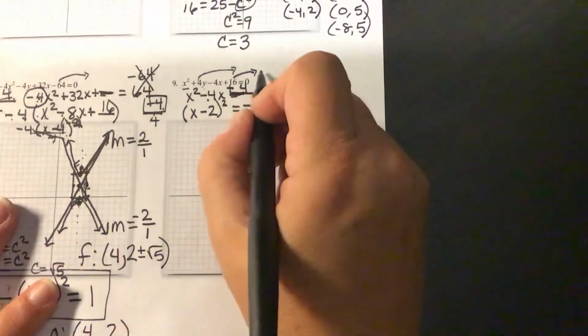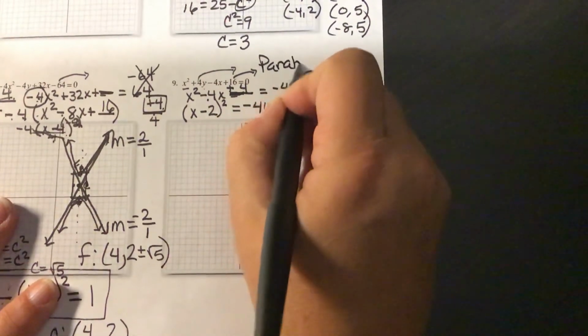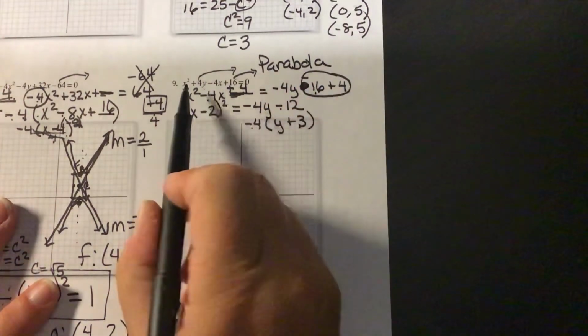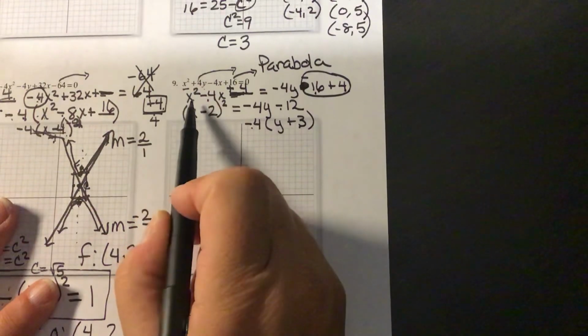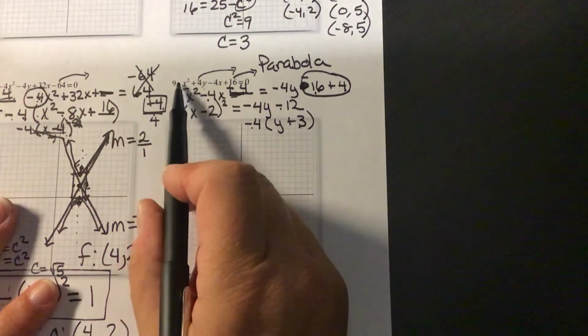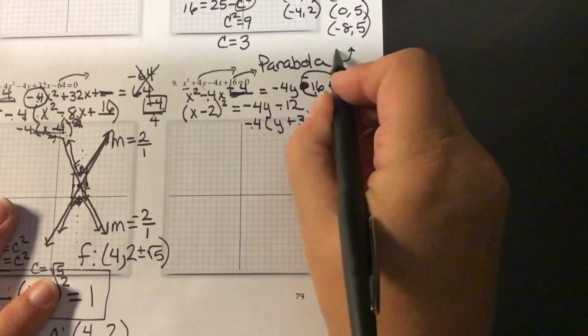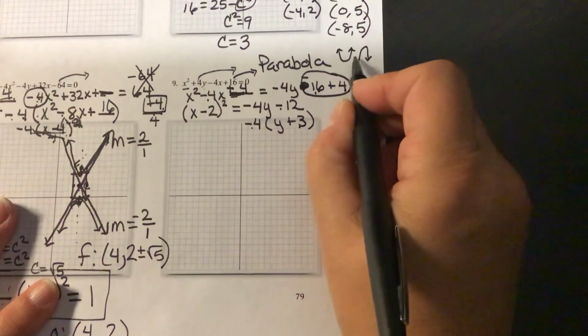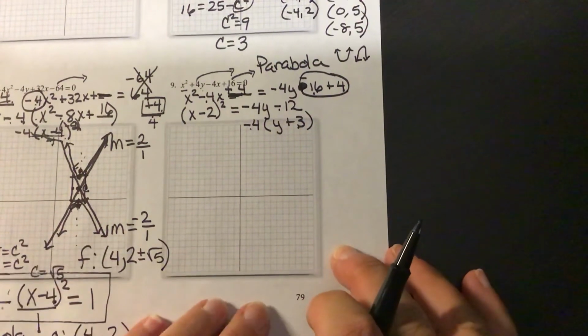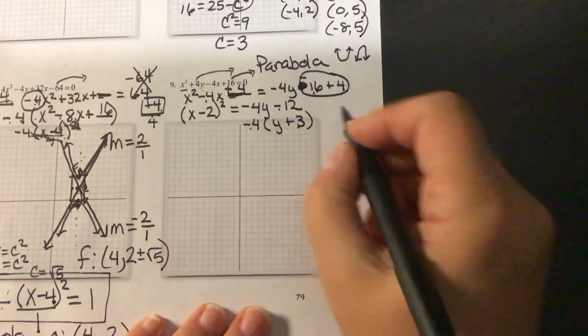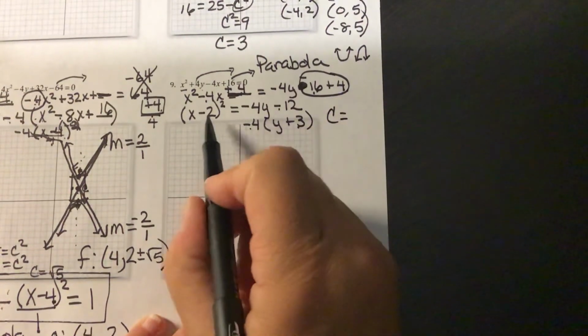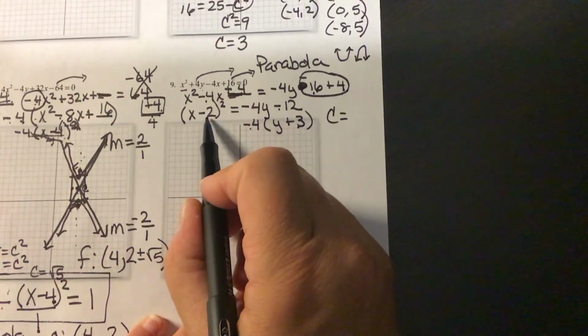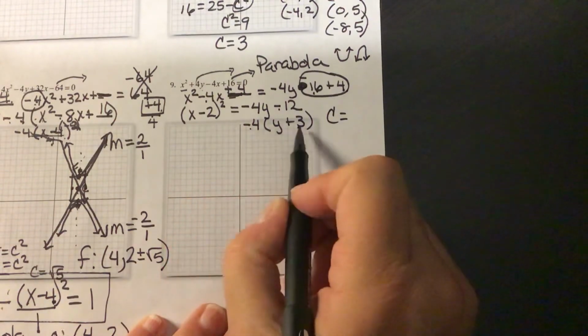So in this parabola, I know because x is squared, it's going to open up like it were a quadratic. It's going to open up or down. And my center is going to be my h and k values, which is 2 and negative 3.